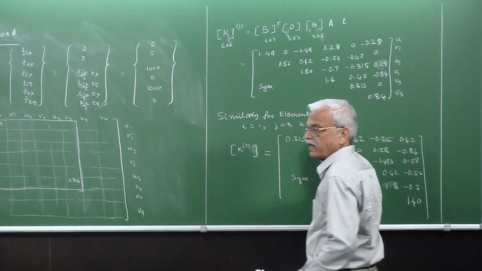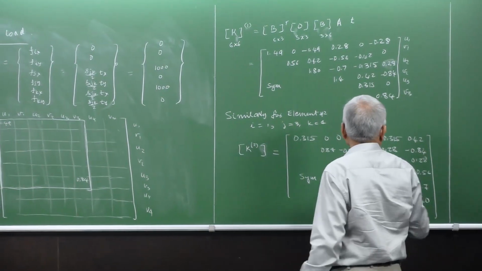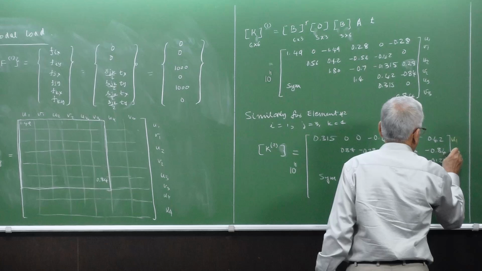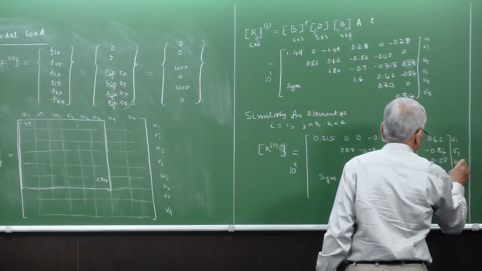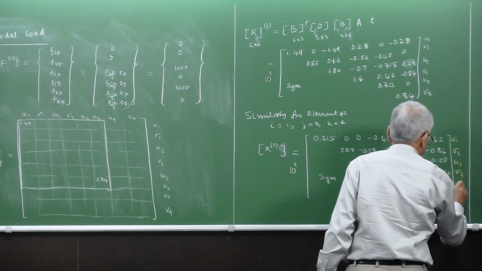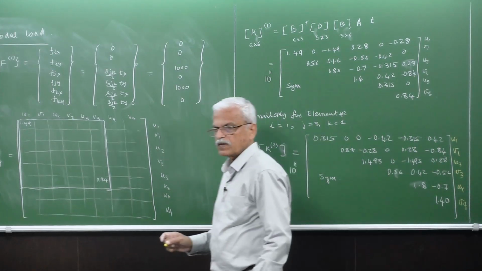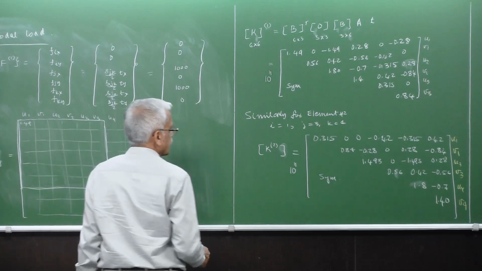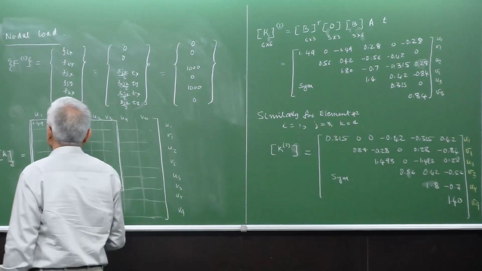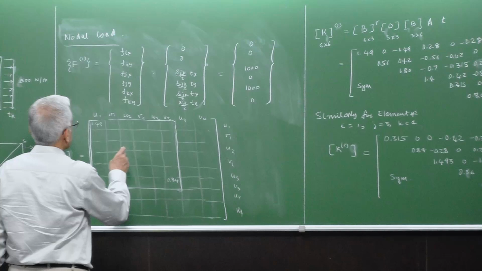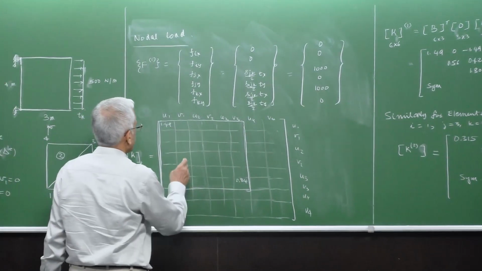Now coming to the second element, so it is 1, 3, 4, where you have U1, V1, U3, V3, U4, V4. So what is this will go to? So these things will go to where? So it will go to U1, V1, and only 2 is not there.